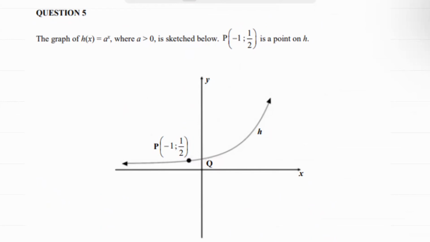So remember, the original function had point P with the coordinates -1 and 1/2. Now you just swap those points around. The x is now going to be +1/2, and the y coordinate will be -1. So +1/2, you find that on your x-axis, and -1, which would be somewhere below, you find that on your y-axis, and then you plot the point where those two values meet each other.